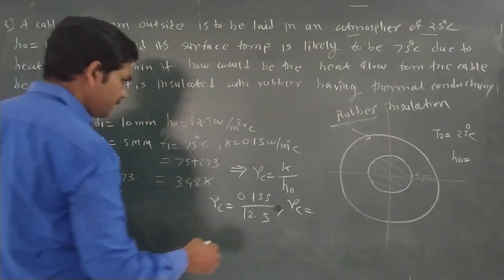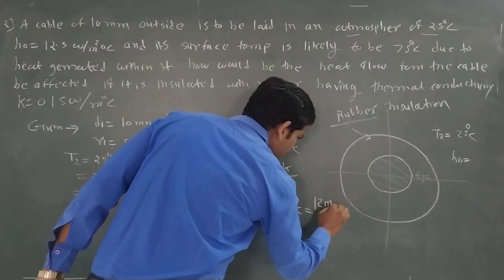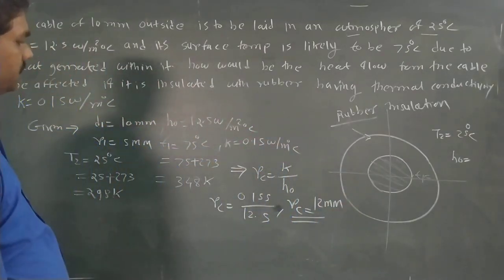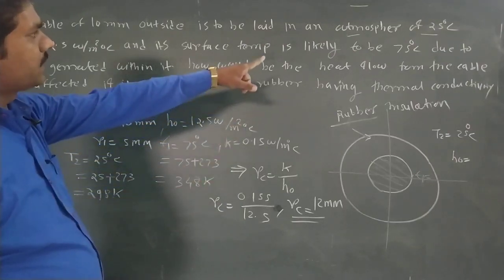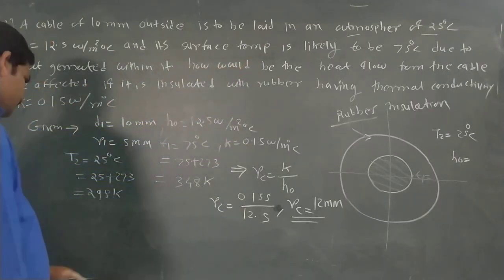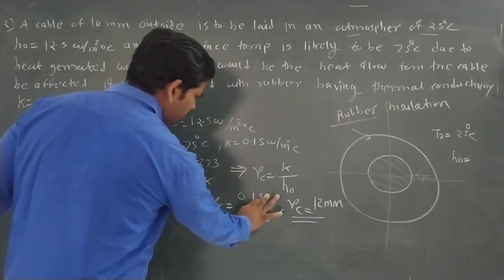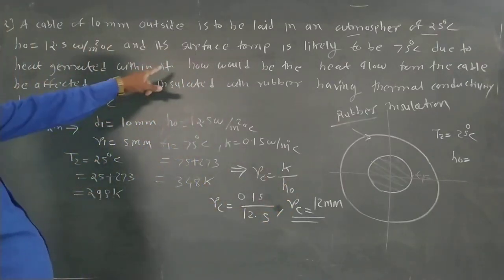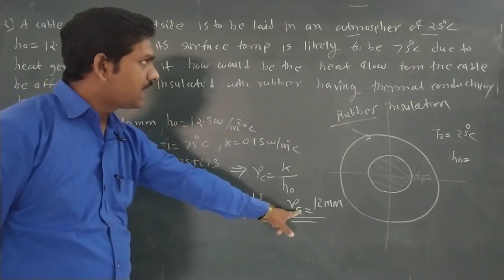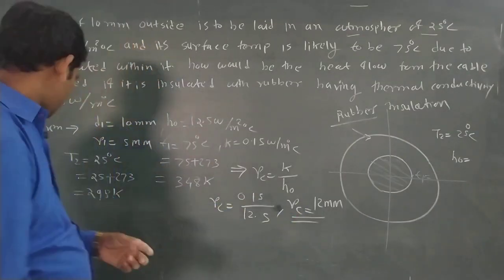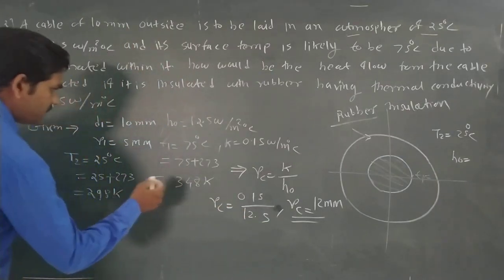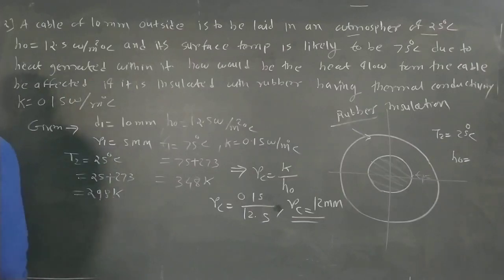RC is 12 mm. Once again, K is thermal conductivity, 0.15, and the heat transfer coefficient HO mentioned in the problem is 12.5. Divide, and you get RC as 12 mm. So after calculating RC, let's observe the cable relations.